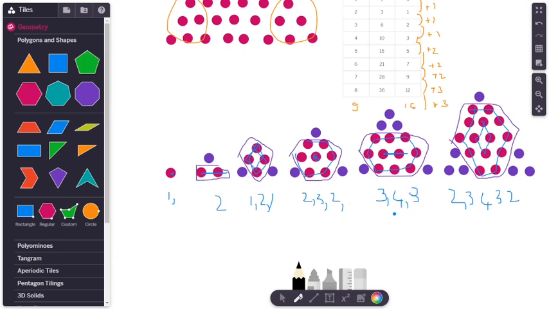But after this, it became 2, 3, 4, 3, 2. So here again, the number of rows is following the threes pattern. The first two are not. It's just one row, then 3 rows, 3 rows, 3 rows, then 5 rows. 1, 3, 5. 1, 1, 3, 3, 3, 5.